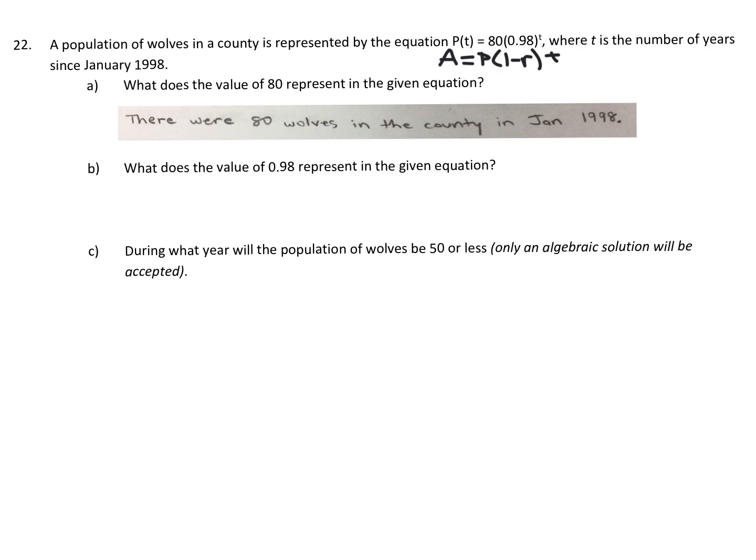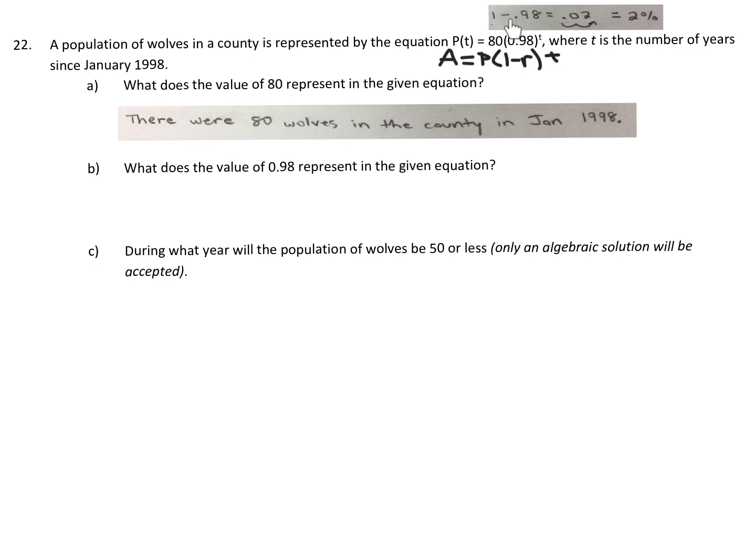Okay, part B, what does the value 0.98 represent in the given equation? So since this is within the parentheses, this number is representing 1 minus the rate. Now, if you think about this, this is 98%. So if you think 1 minus what percent gives you 98%, 1 minus 2% would give you 98%. In other words, if you want to figure out 2%, you could just do 1 minus what's in the parentheses.